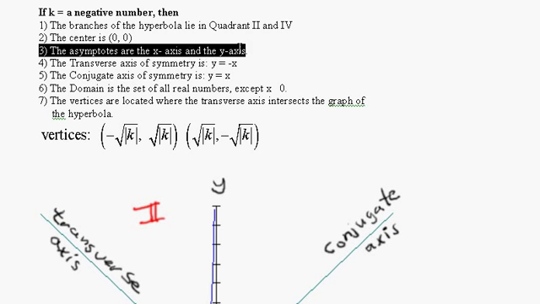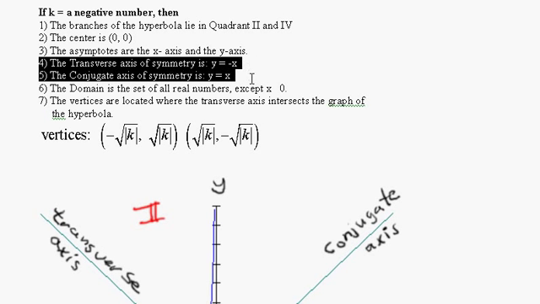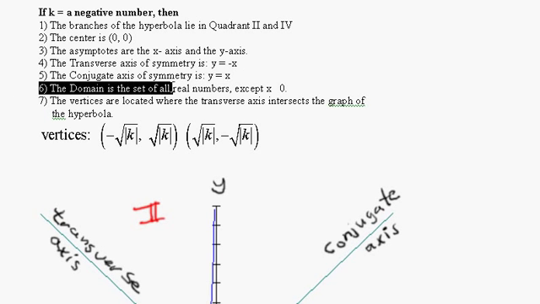And the asymptotes are still going to be the x-axis and the y-axis. However, the transverse axis of symmetry and the conjugate axis of symmetry switch places. The transverse axis is now y equals the opposite of x, and the conjugate axis is now y equals x. The domain is still the set of all real numbers except x cannot equal 0.